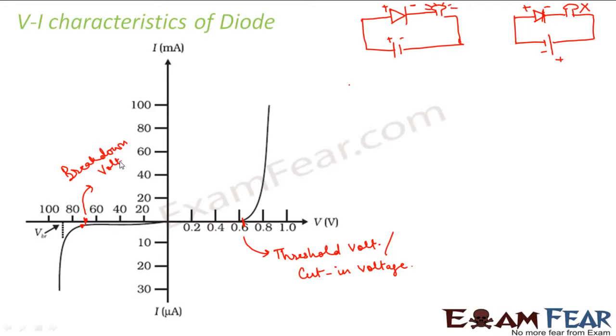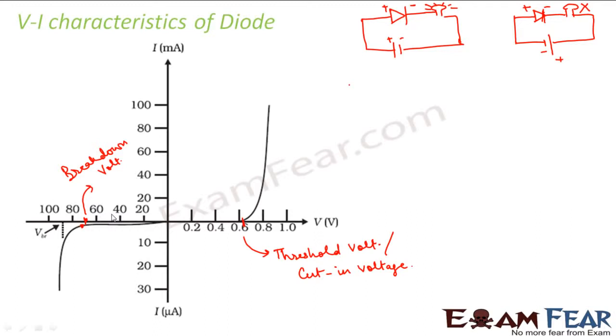From this VI characteristics of the diode, we can also see that initially the reverse current is independent of the applied voltage. That is what I discussed in the previous slide on reverse biasing: you increase the applied voltage, but it doesn't make much difference to the reverse current.